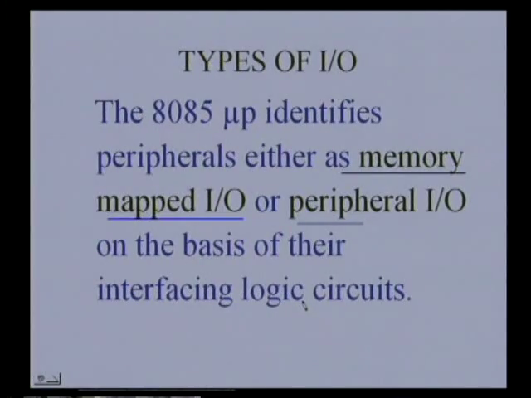That is, the microprocessor can identify an input output device as if it is a memory location, because with memory the microprocessor can write data into a memory location or read data from the memory location, as it reads data from an input device and writes data into an output device. So, based on this, the processor identifies given IO devices either as a memory device or a simple IO device.